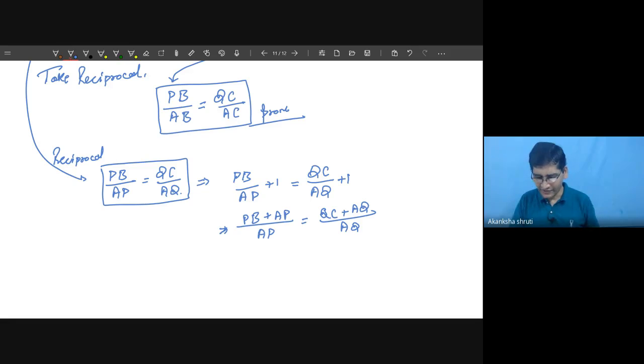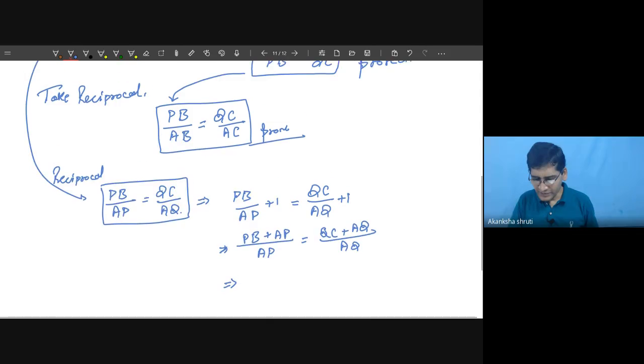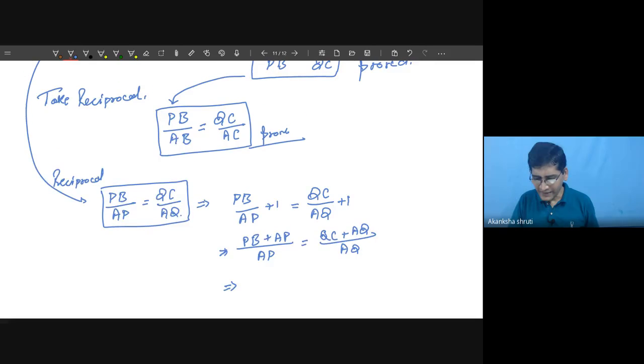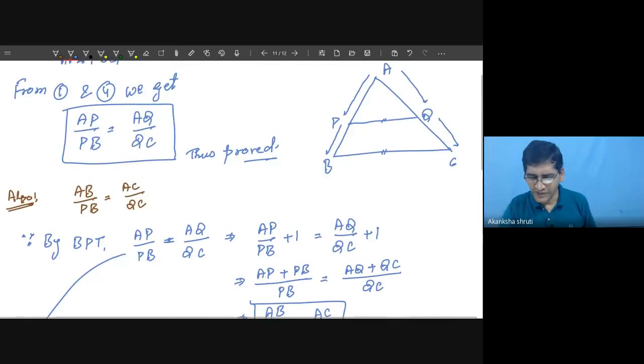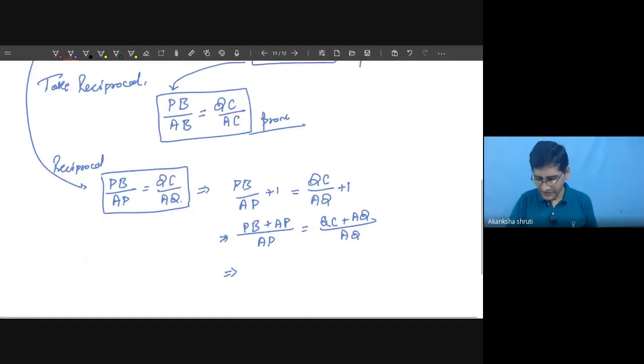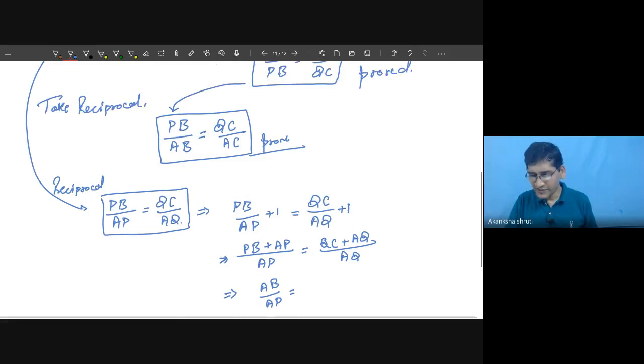Observe again this carefully. Students, the numerator is PB plus AP. Observe this figure. PB means this one plus our AP, this one, same as AB. So here we may write this as AB by AP is equals to QC plus QA.